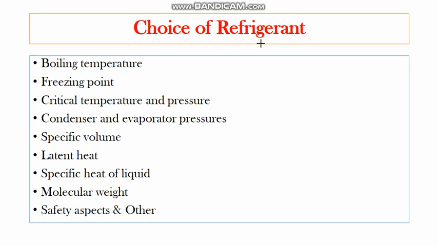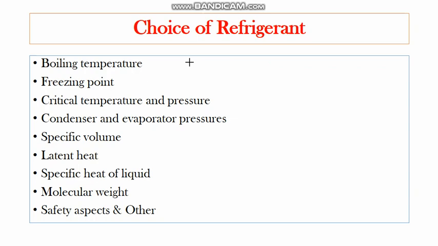Other than that, we'll be using methyl chloride, carbon dioxide, sulfur dioxide, propane and ammonia also. They are also frequently used refrigerants, but compared with Freon 12, they are less used. Now these are the different refrigerants we'll be using.